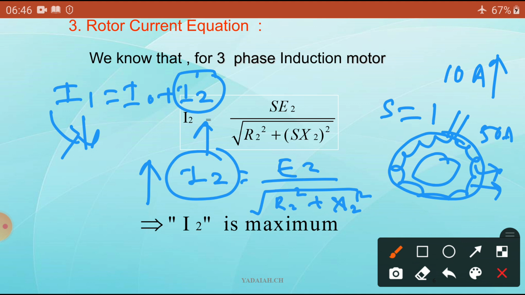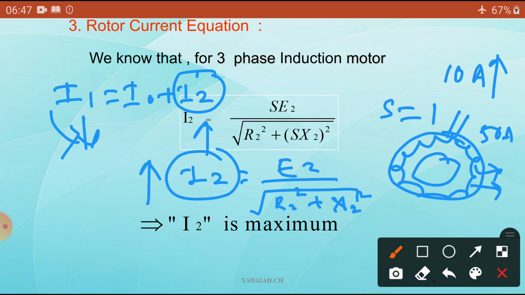In the same situation, initially it will draw some more current. Once the speed picks up, the slip S value decreases. Initially the slip S is equal to 1 and the rotor speed N is equal to 0. Once the rotor picks up speed, the induced EMF increases, and the power increases at one stage.